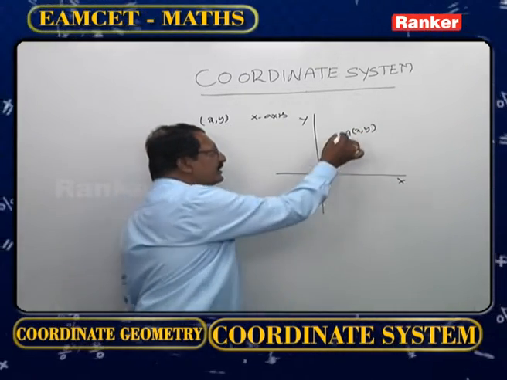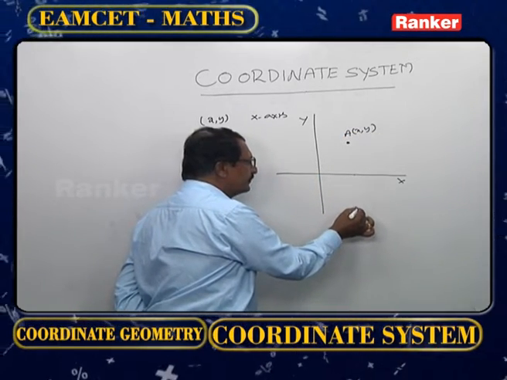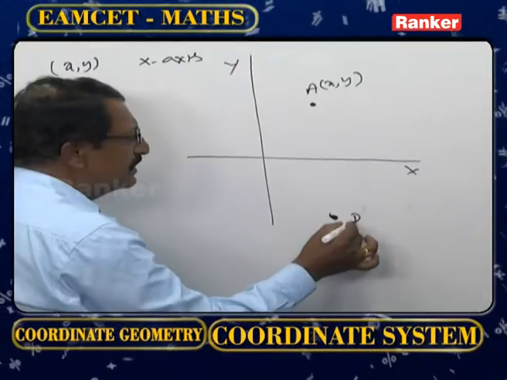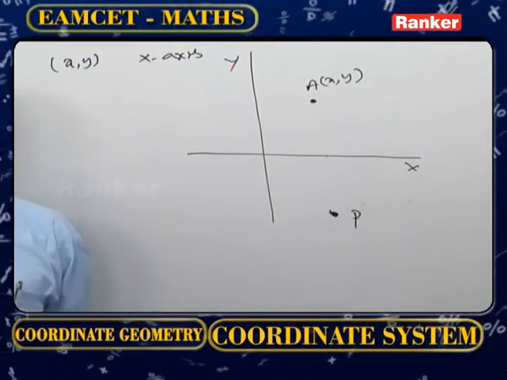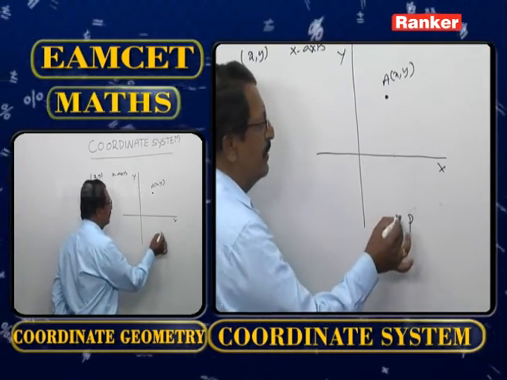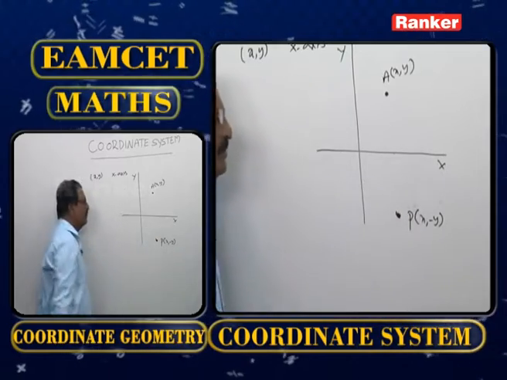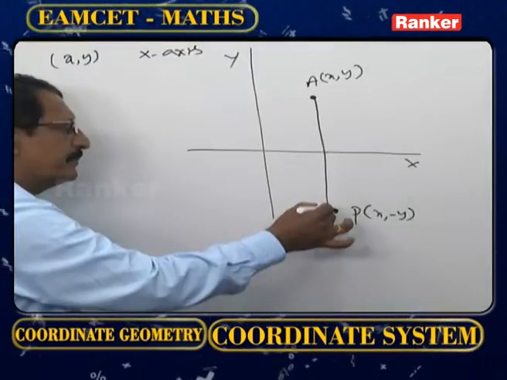Now the image of the point (x, y) with respect to the x axis lies in the fourth quadrant. Now consider P to be the image of A with respect to the x axis. Then the coordinates of the point P are (x, minus y). Now we require the distance between A and P.